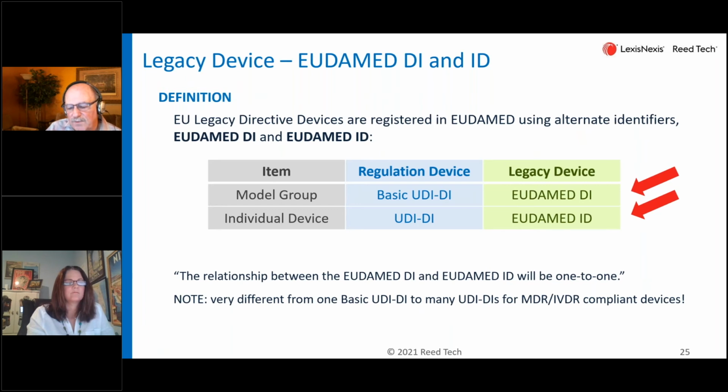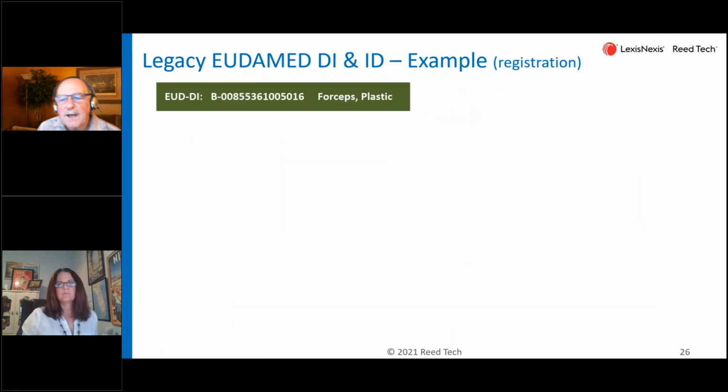So this is very different than the basic UDI. It's subtle, but quite different when you start to look at the product portfolio of that fictitious company that we were talking about.